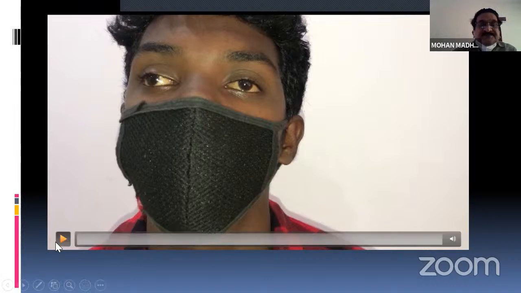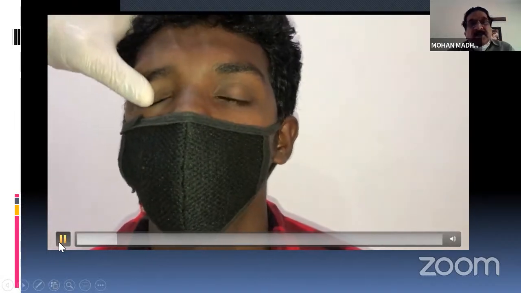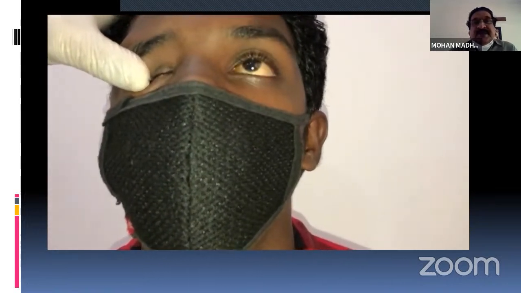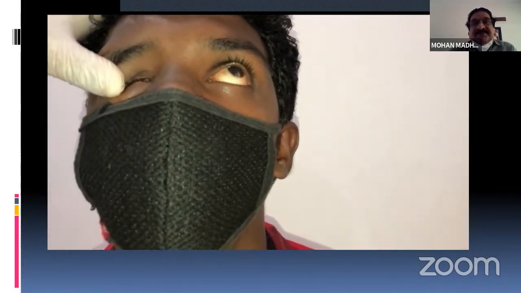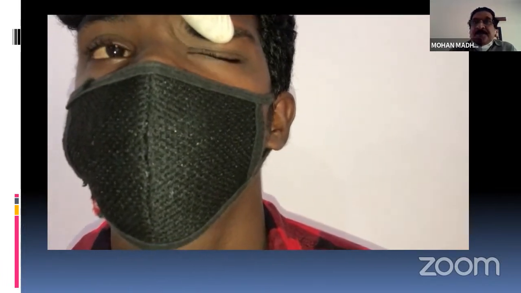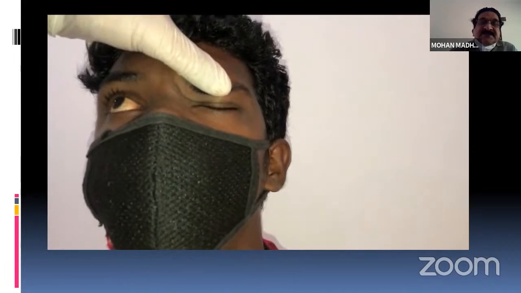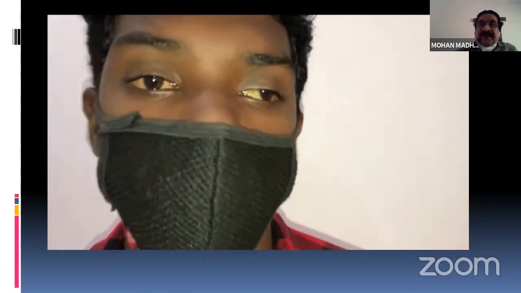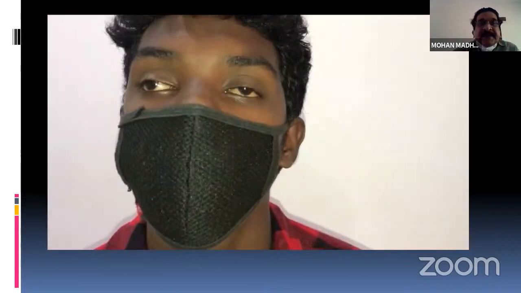For example, closing the right eye, in all directions. Full range of movement in all directions. That means it is not a paralysis. That's one way of testing it.